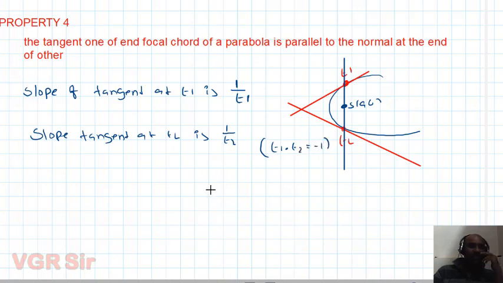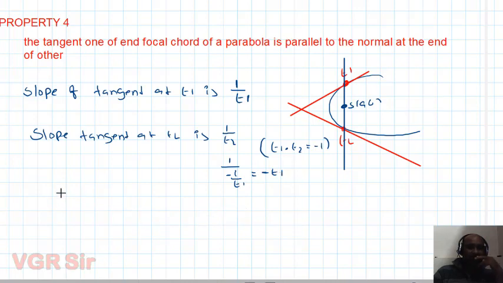That's why instead of T2 I can write minus 1 by T1. So 1 by minus 1 by T1 I can write, that is nothing but minus T1.